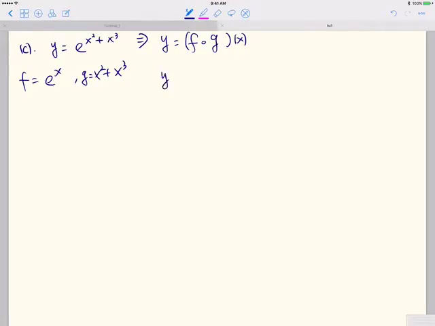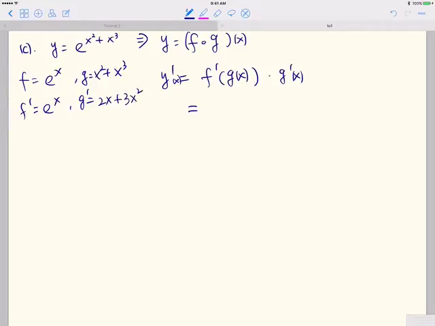If we use the chain rule, what we get is y prime at x equals f prime at g(x) times g prime of x. So we'll just plug in, because f prime is just e to the x, it doesn't change, because this is an exponential function, and g prime is equal to 2x plus 3x squared. Remember, f prime itself is a function, which is e to the power of x, but now the input is g(x).